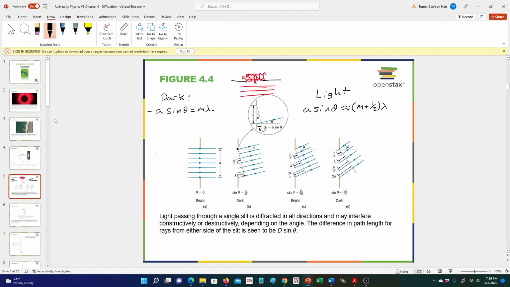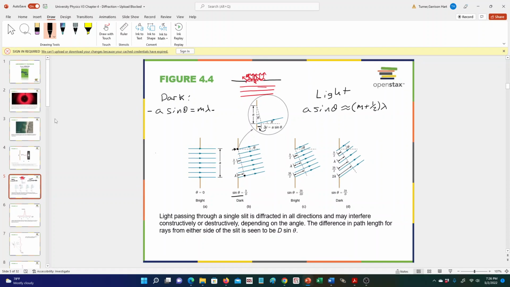That middle ray is going to cancel with this ray, and the ray right next to it will cancel with the bottom ray. And so you'll have half rays that are canceling throughout the entire process under that condition.